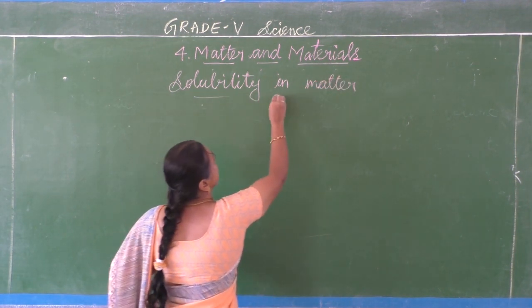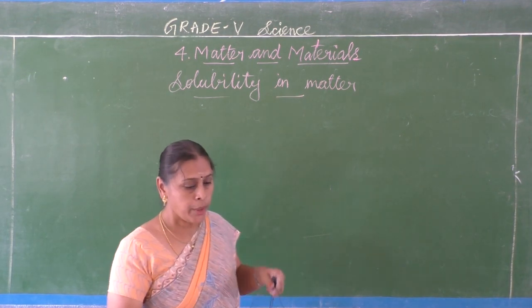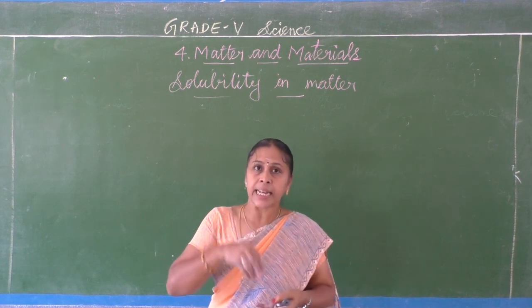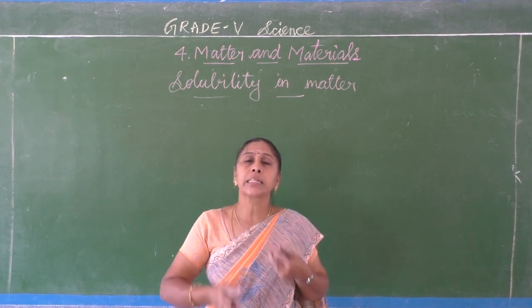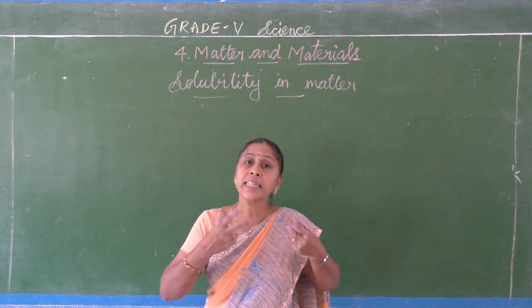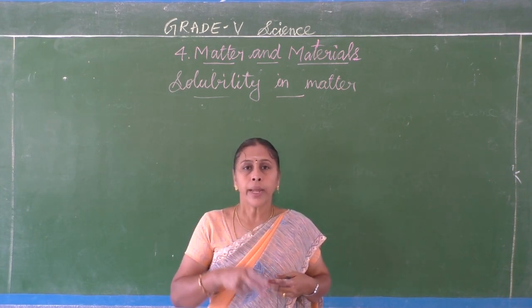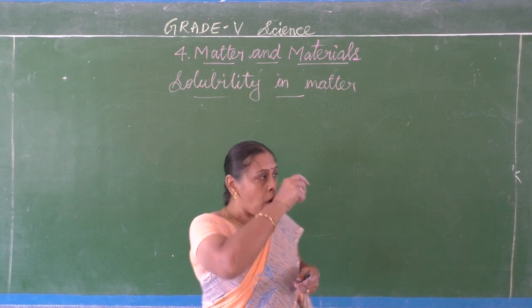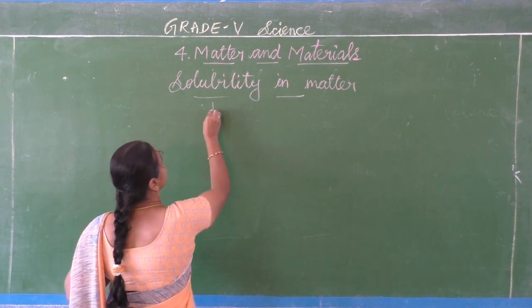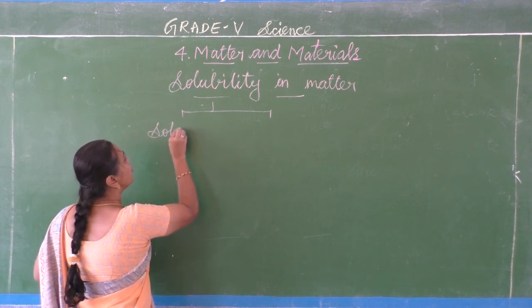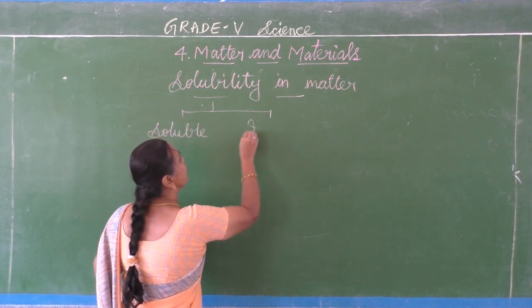So solubility means what? When we put some substances in liquid, it will get dissolved in it. That is called solubility. Now this solubility is divided into two, that is soluble and insoluble.